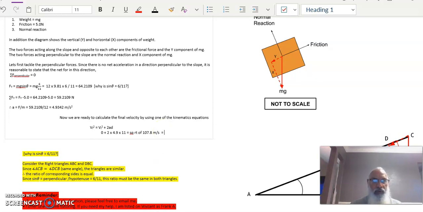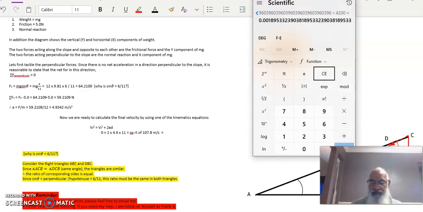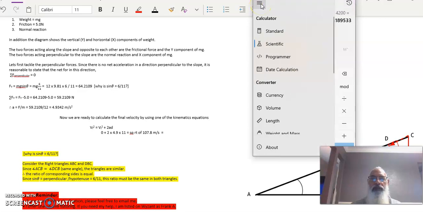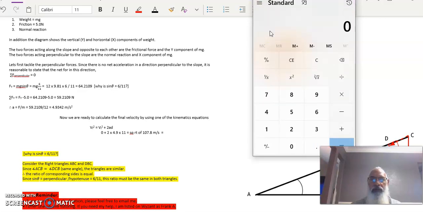And I will go ahead and use a calculator for this. I don't see the square root of this one. Okay, let's see if the standard one has it.